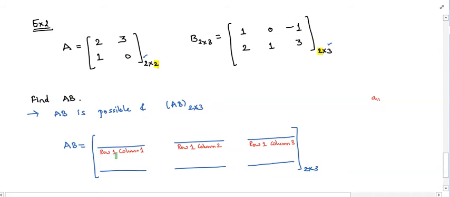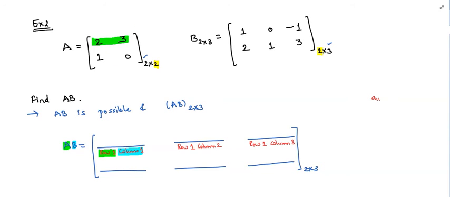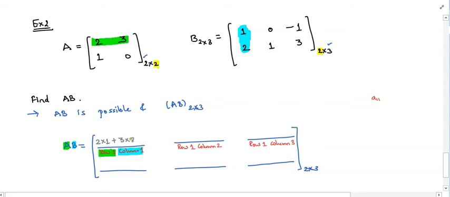Now, when we work on the first row, we consider rows from matrix A, and the columns from matrix B. First row of matrix A, we have to multiply with the first column of matrix B. So the first row is 2, 3, and the multiplication is 2 multiply with 1 plus 3 multiply with 2.